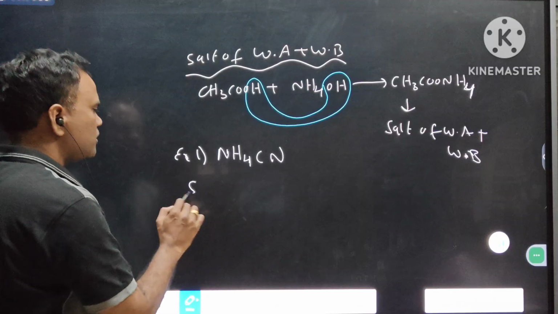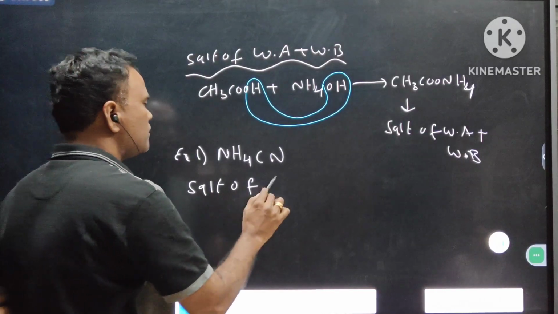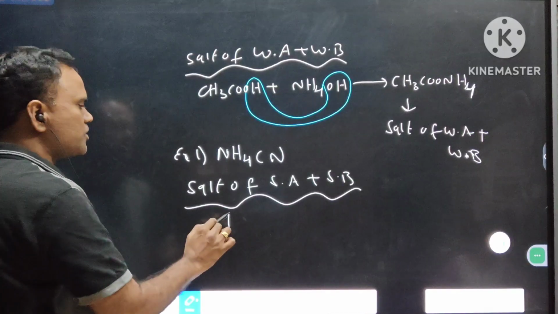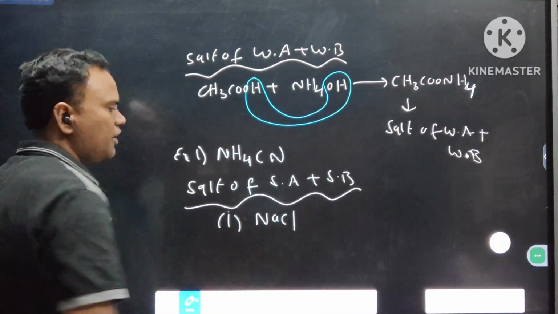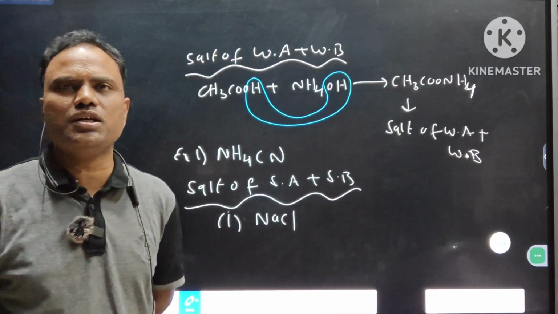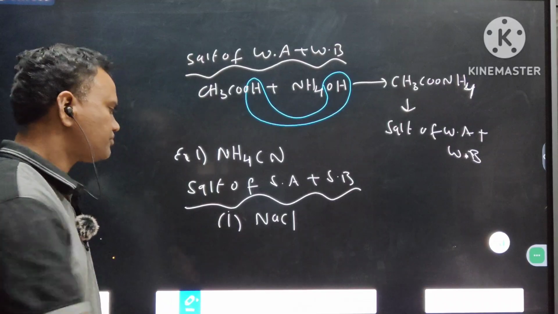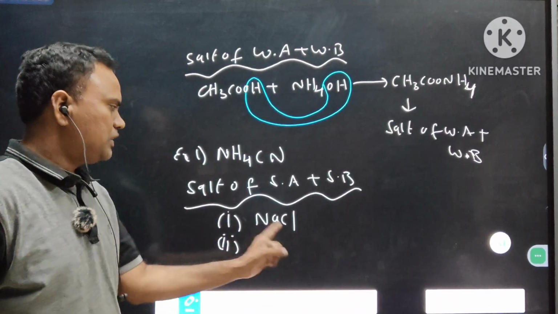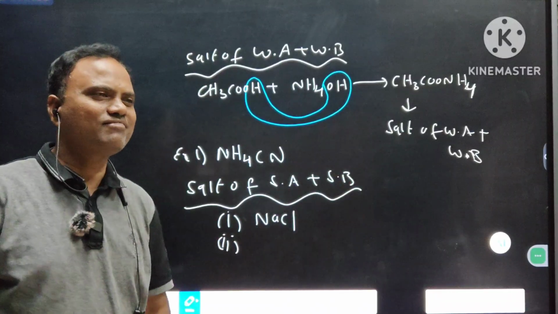Right, next category. Salt of strong acid plus strong base. Both are strong. Write examples directly. NaCl. NaCl will come from NaOH and HCl. Both are strong. Why this data is important, I will tell you. This does not undergo hydrolysis.